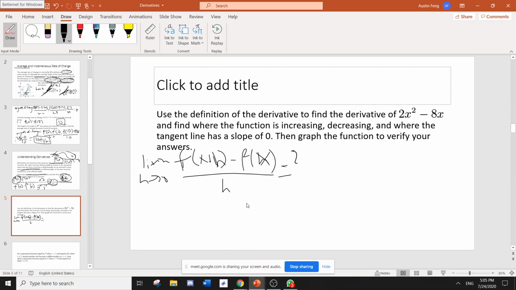So we subtract, so we get 2 times x plus h squared minus 2x squared. So we get 2 times x squared, we get 2, we get h squared, plus, and then x plus h, so you get 2xh. So you get 2 times 2xh plus h squared.